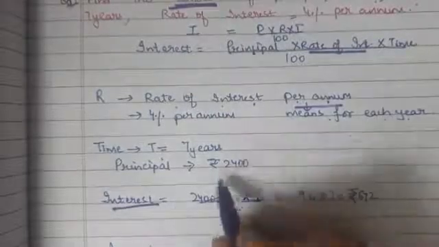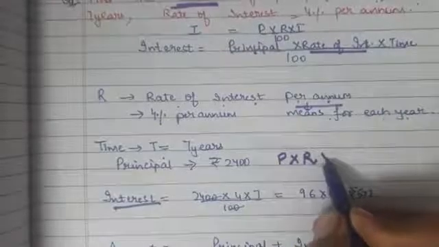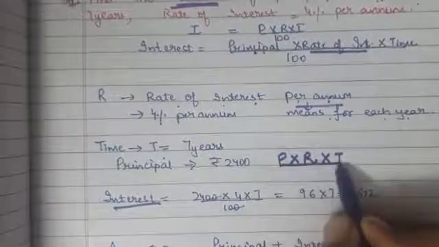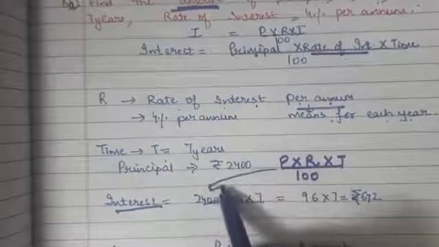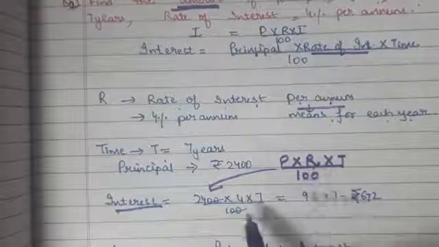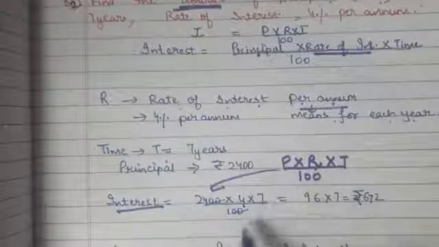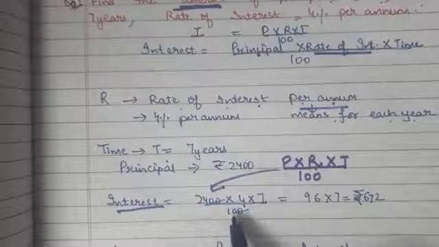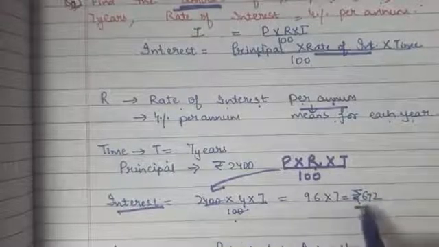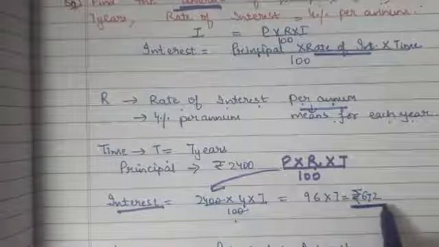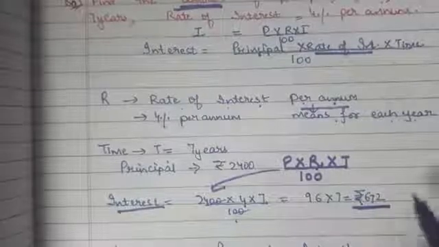With the help of formula, principal multiply rate of interest multiply time upon 100. Now principal is 2400. Rate of interest is 4%. Time is 7 years upon 100. Now two zeros get cancelled and on multiplication we get finally rupees 672. Now interest we have found out.